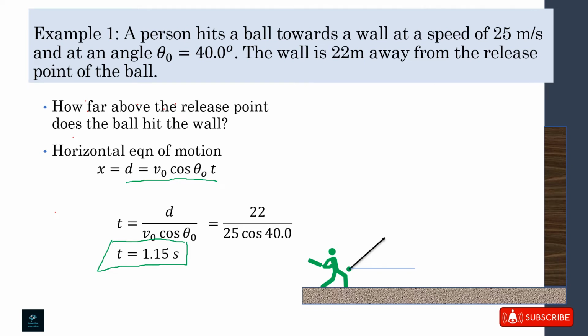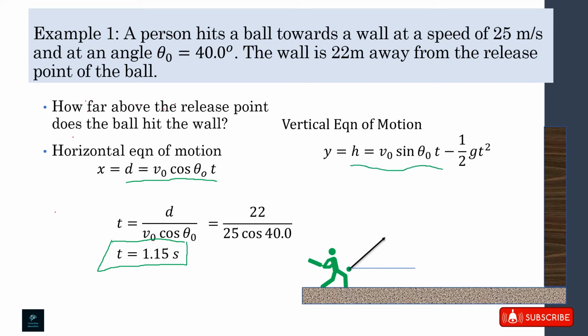Now, the vertical equation of motion is y equal to v0 sine theta 0 t minus half g t square, and when the ball hits the wall, y is equal to h. Therefore, h is equal to v0 sine theta 0 t minus half g t square.